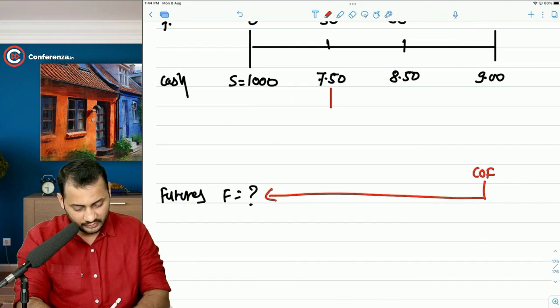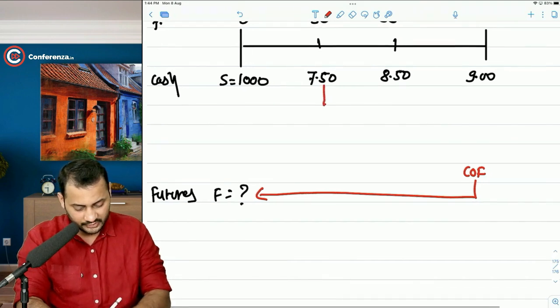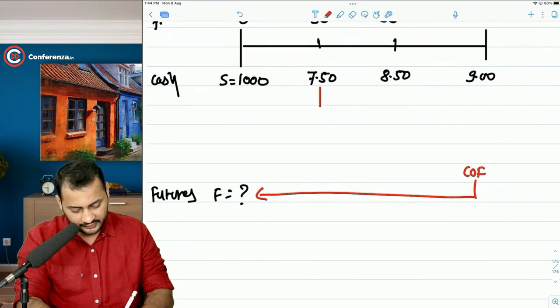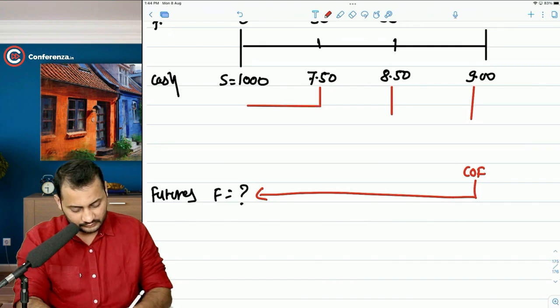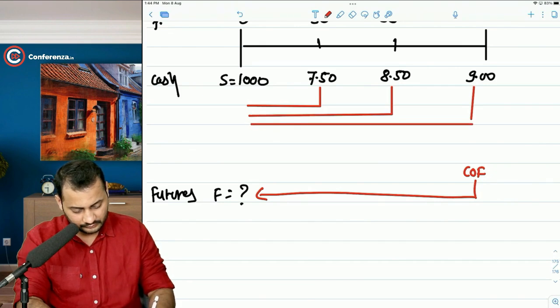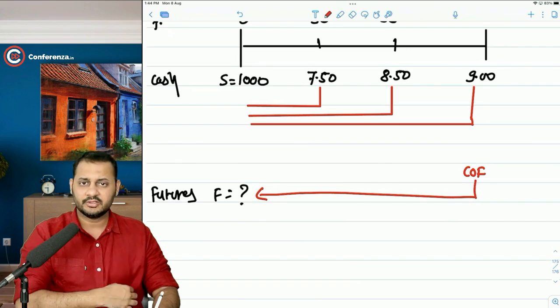Okay, so the very first step that we are going to do is bring this dividend to the present value. Calculate the present value of the dividend. We are going to take the dividends back to their 0th value. You understand this?